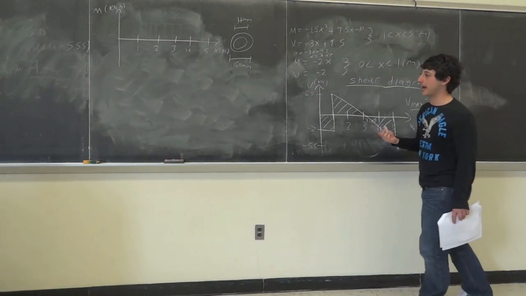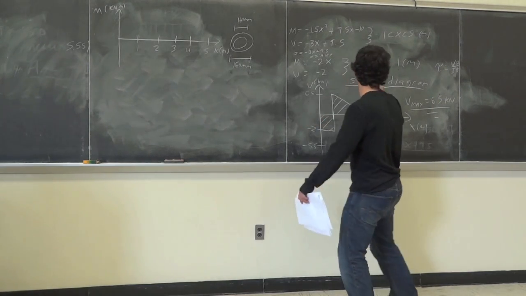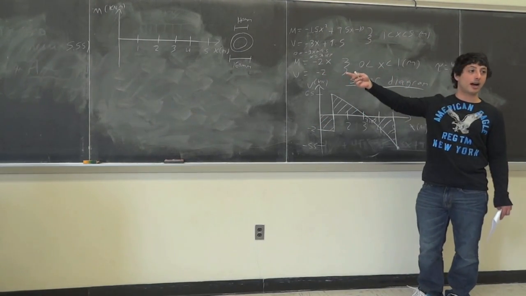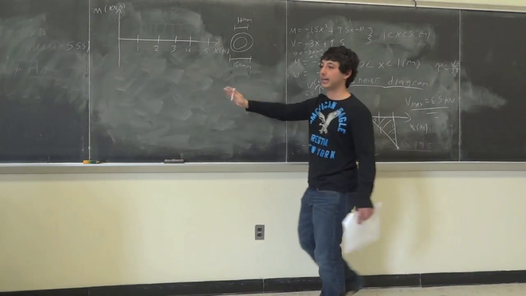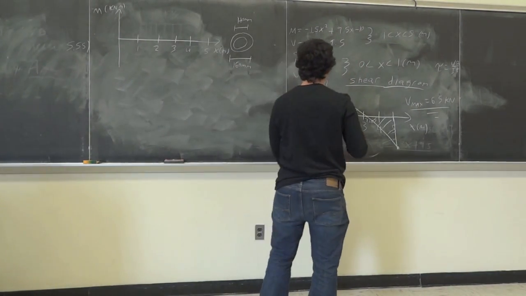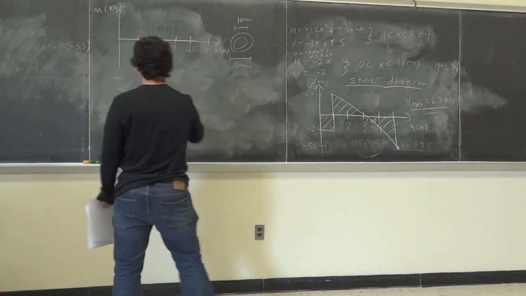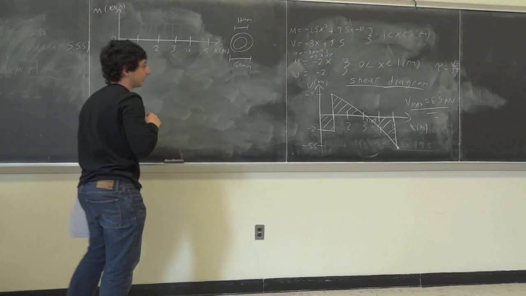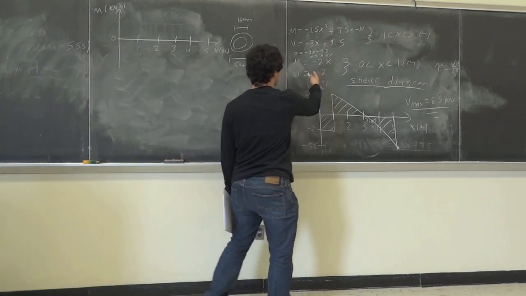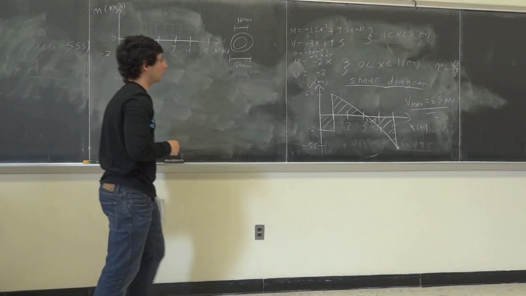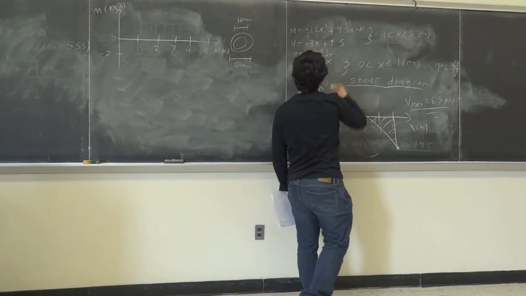At x equals 0, we're going to have the moment is 0. Obviously in the beginning and at the end of the beam, the moment should be 0. You guys agree? So obviously 0 is on there. And at x equals 1, we have -2 again. So -2. And then what are we going to have for this section over here?